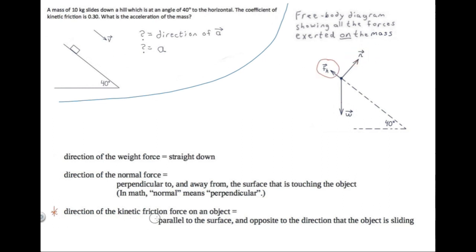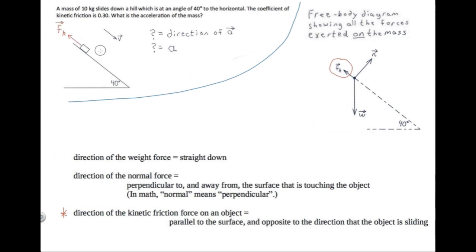The direction of the kinetic friction force exerted by a surface on an object is parallel to the surface and opposite to the direction that the object is sliding. So, the direction of the kinetic friction force exerted by the surface of the hill on the mass is parallel to the surface of the hill and opposite to the direction that the mass is sliding.